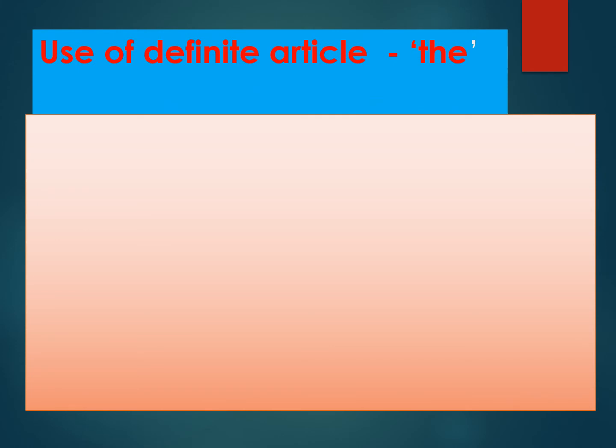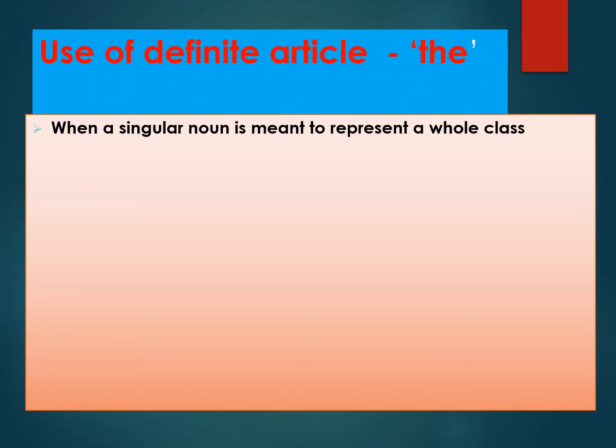The definite article the is used when a singular noun is meant to represent a whole class. Example, the cow is a useful animal. Here, the noun cow is representing the whole class. That's why the definite article the is used before the noun cow.